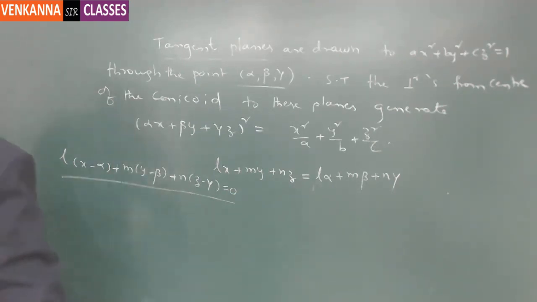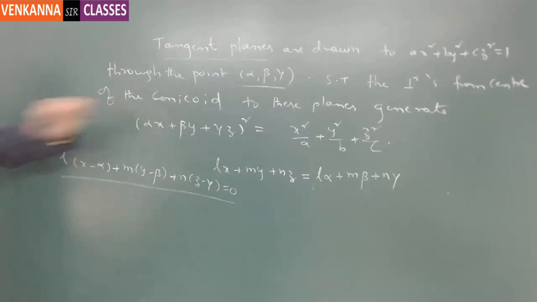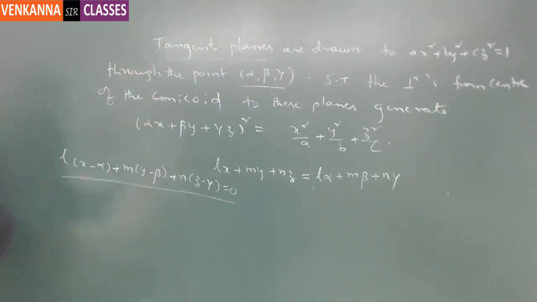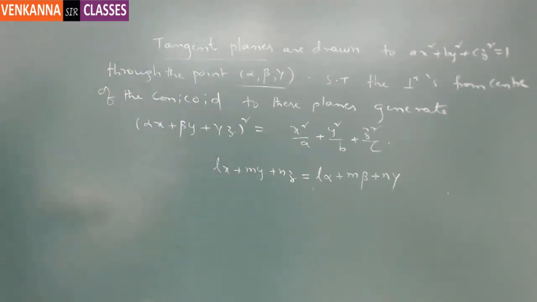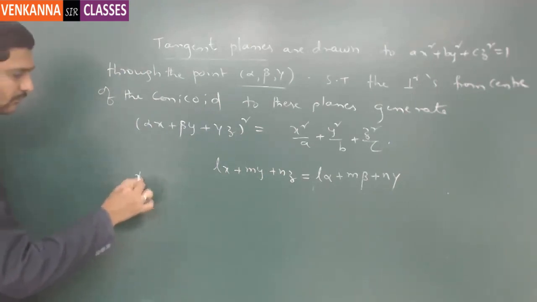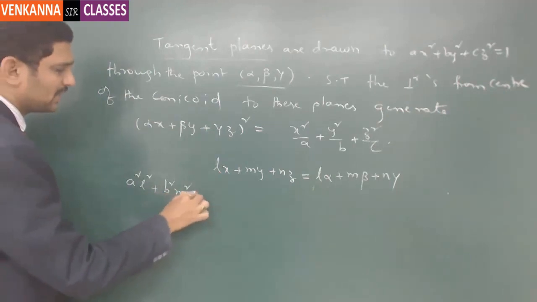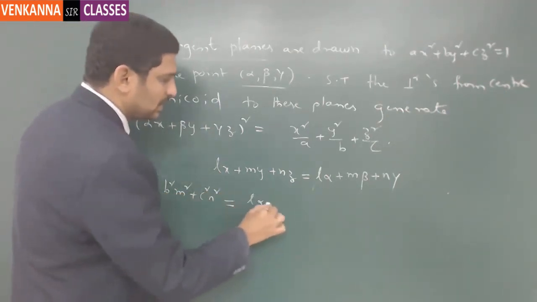Now, as we have taken the plane equation, since it is the tangent plane to the given conicoid, we will apply the condition of tangency. So, from the condition of tangency, you can simply write it as a square L square plus b square m square plus c square n square is equal to the distance whole square.